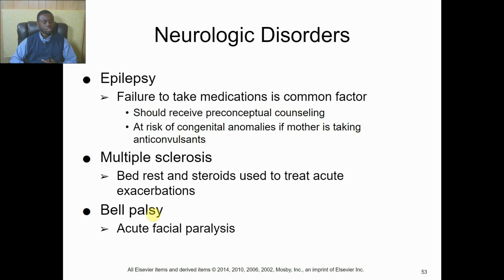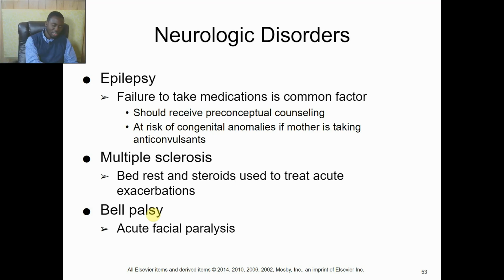The patient should therefore receive preconceptual counseling, and they should know that they will be at risk for congenital anomalies if the mother is also taking anticonvulsants. On the other hand, if mothers do not take the medications, then they are at risk for seizures, and that can cause the termination of the pregnancy.